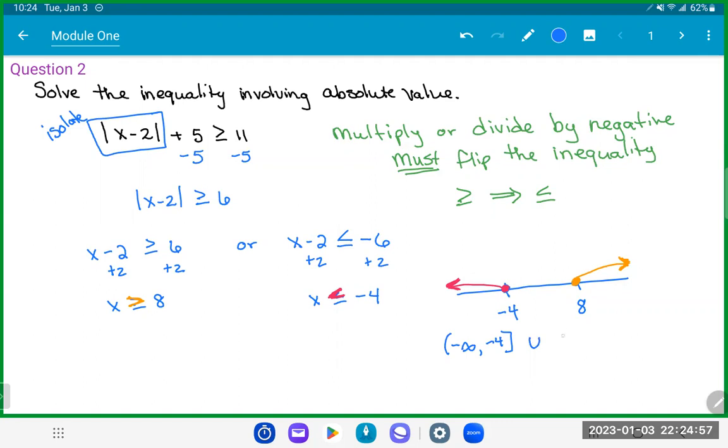My solution can also go from 8. 8 is part of the solution, so I get another bracket, and anything all the way out to +infinity is also part of that solution. That ends with a parenthesis, because we can't pinpoint the exact value out at infinity. So this is the solution that Mobius is looking for when they ask you to solve that inequality.